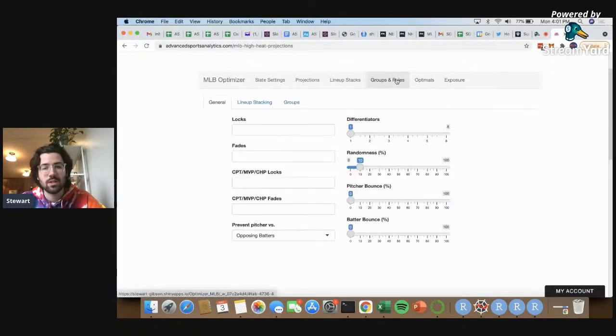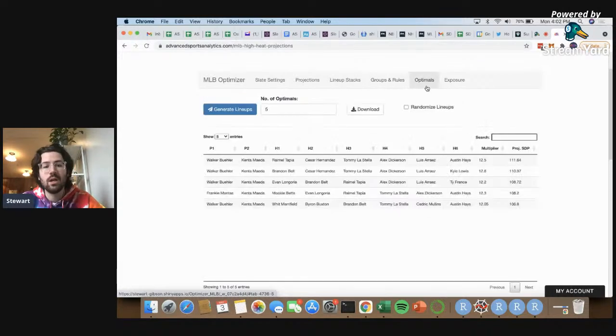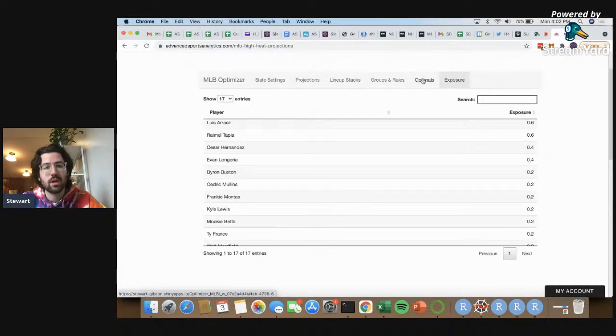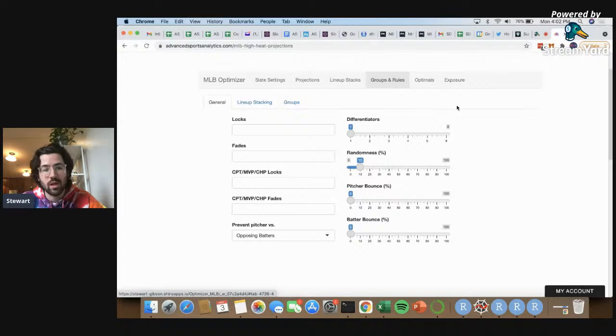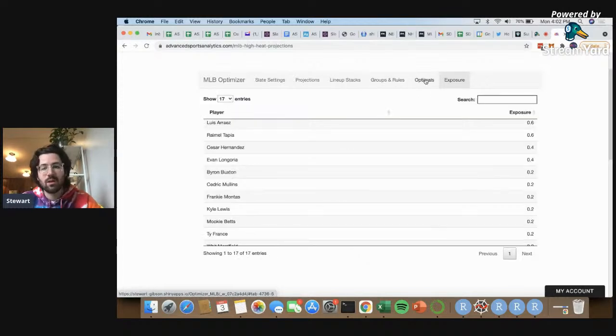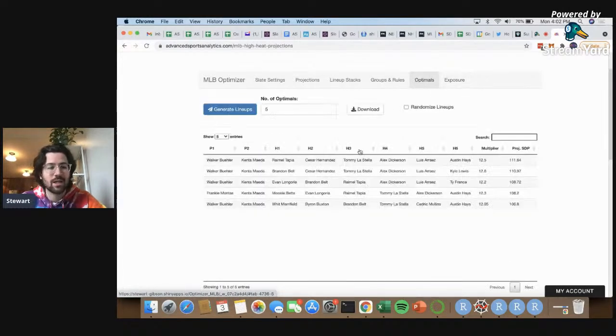The good thing about the randomness is that every user's randomization of projections is going to be different. So it's very unlikely that if someone else were to use these same rules, even with randomness at 10%, they might have similar exposures, but they just might not get the mix of players in the lineups exactly as this build has it.